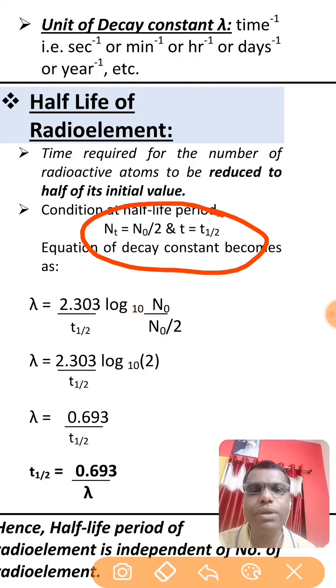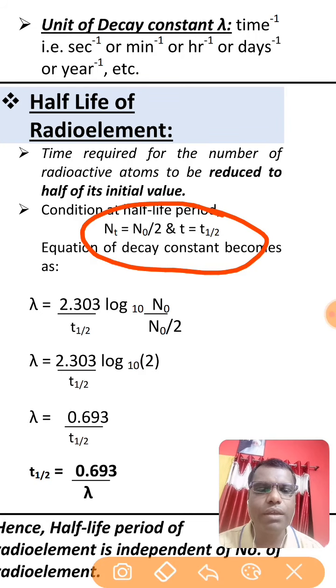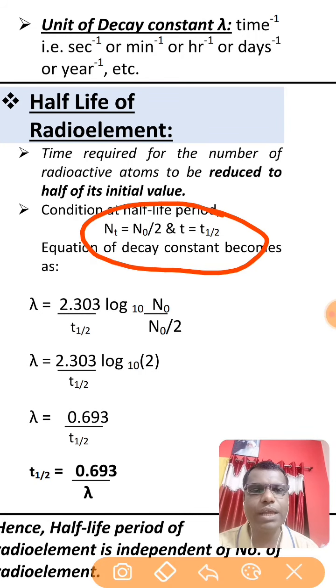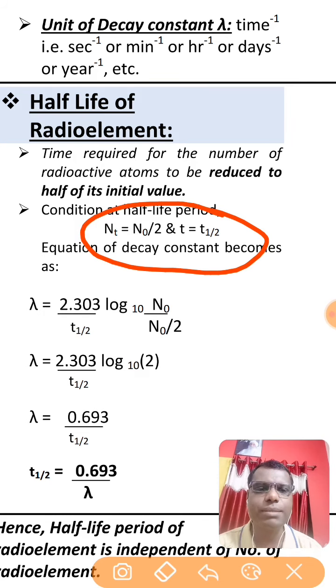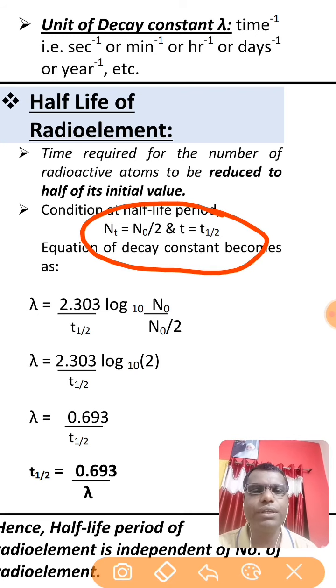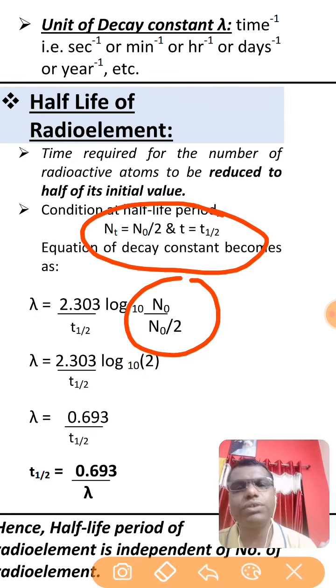That's why the value of nt will be n0 by 2, and the half-life of any radio element is always indicated by t suffix 1 by 2. So if we put these values in the equation of decay constant lambda, then after simplification we will get the equation for half-life period.